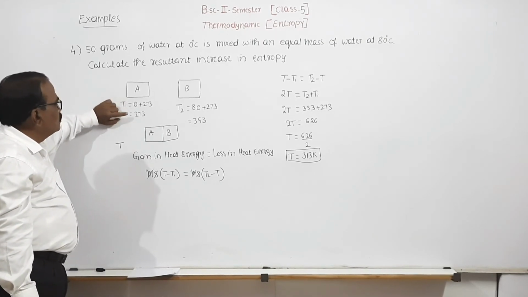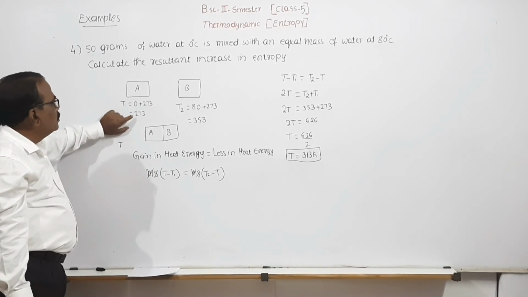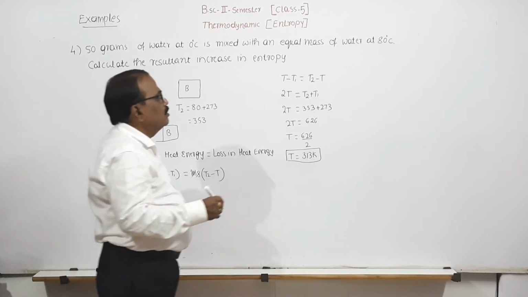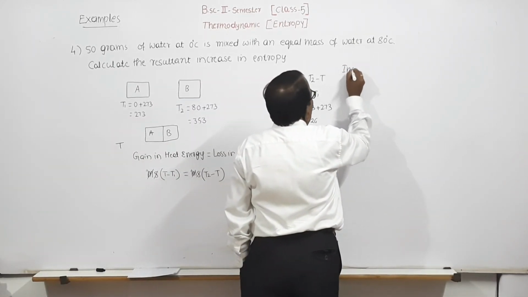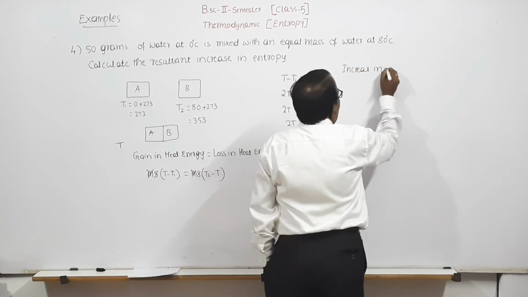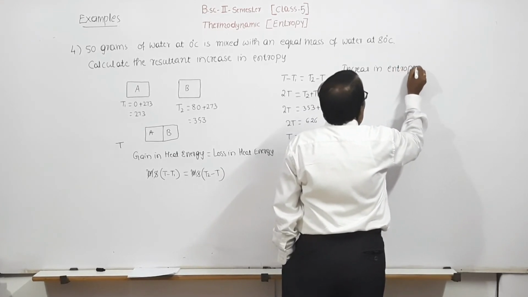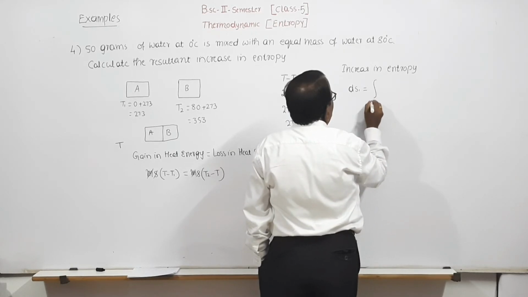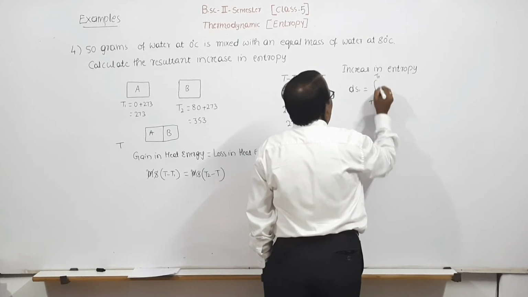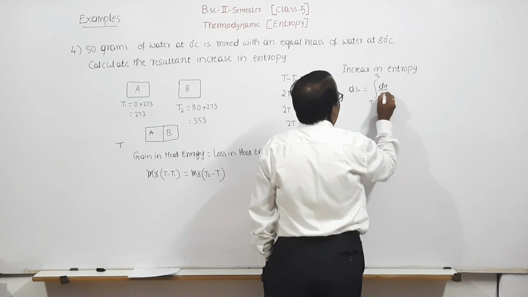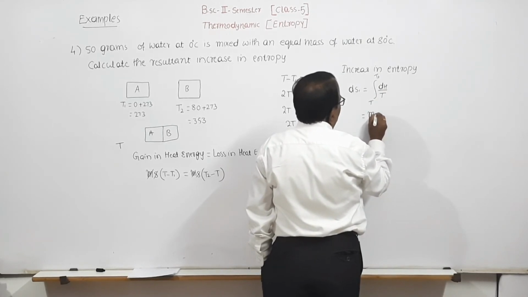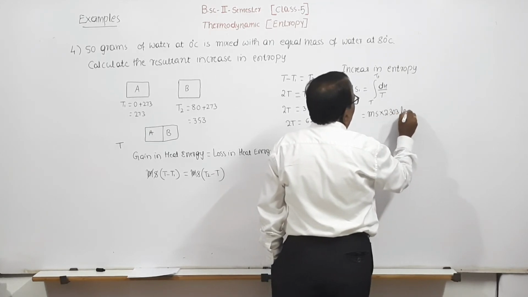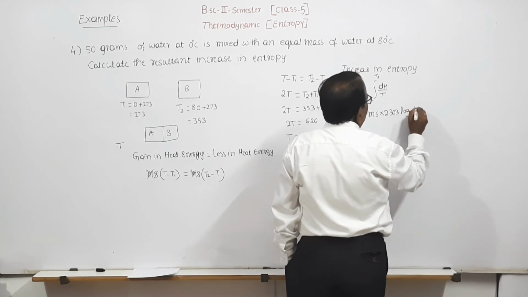When the temperature increases, that is T1 to T, and this one is T2 to T. You know that the increase in entropy, dS1, is equal to the integration from T1 to T of dH upon T. It is m into s into 2.303 log of T upon T1.